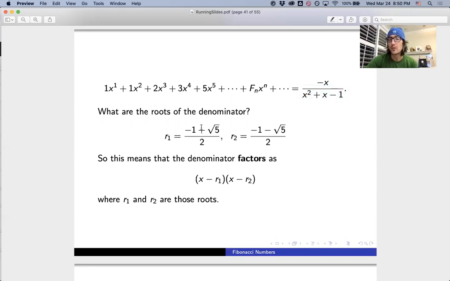And you learn the quadratic formula. Right? This thing doesn't factor. It would be nice if it did, but it doesn't. And you would find the roots. You would say negative 1 plus or minus square root of 5 over 2. And so I'm going to call one of those roots R1. Very creative, I know. And the other one R2, which is the one with the minus sign. Remember, we've got plus and minus.